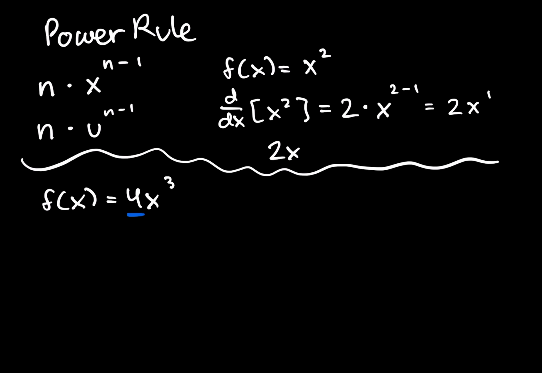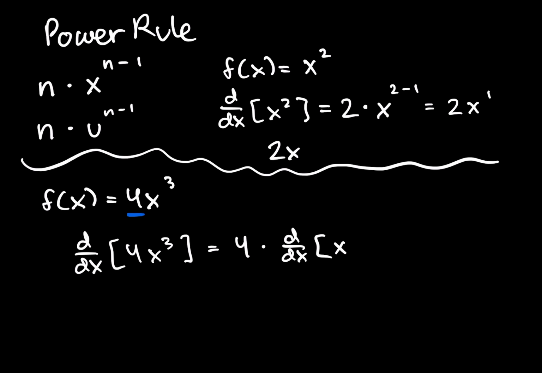This means we can take it out in front when we write the derivative. Say we have d over dx of 4x to the third power. We could rewrite it as 4 times d over dx of x to the third power.